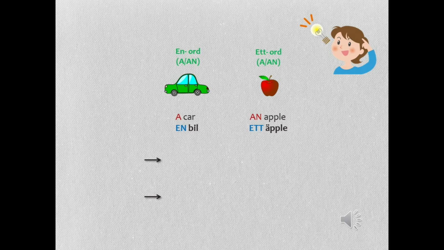Now, let's use the possessive pronoun my with both en bil and ett äpple. In English, we use my for both car and apple. For example, my car, my apple. But in Swedish, we say min bil or mitt äpple. So you can notice that the pronoun's ending changes depending on the things they are referring to.